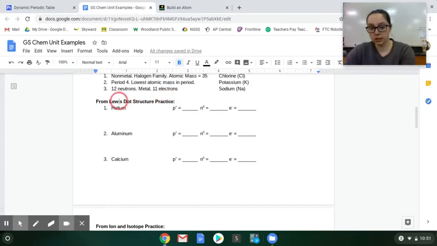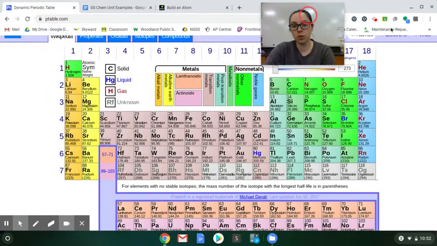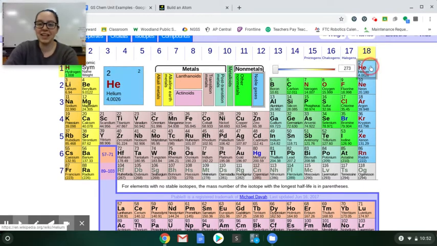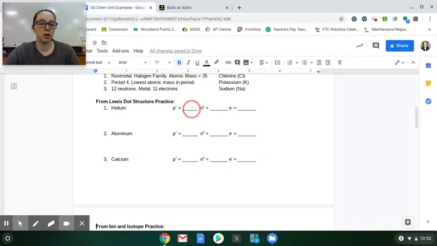Helium was a tough one that most of you missed, and I understand why. So if I go to my periodic table, helium is in group 8, right? We can see that. It has an atomic number of 2. So I know that my number of protons equals 2, and protons equal electrons, 2.